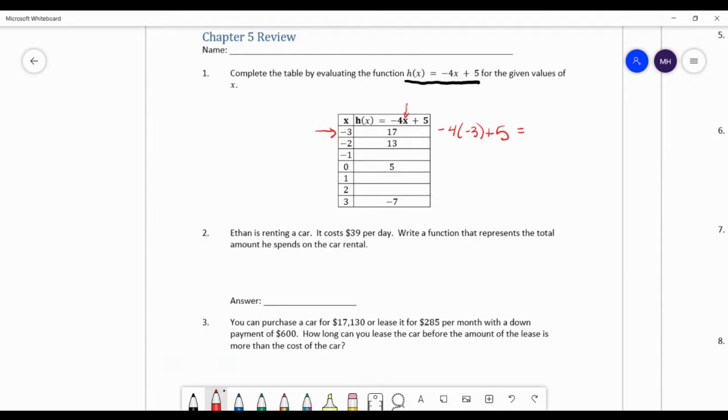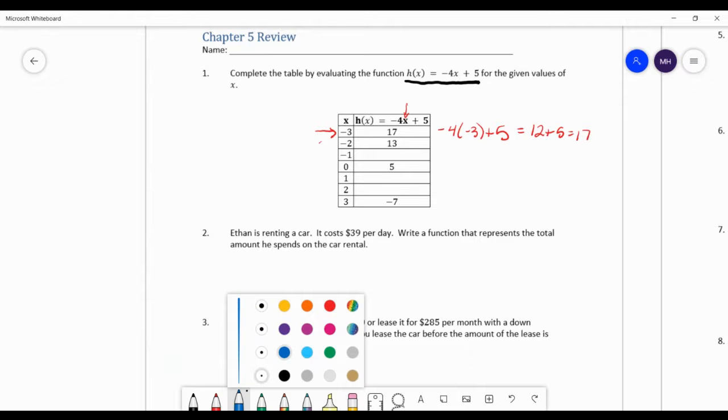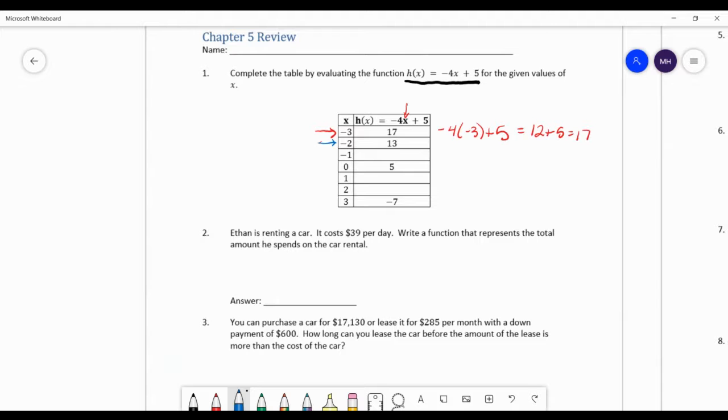So -4 times -3 is 12, and that's how they got 17. Okay, so for the next one, we're going to plug in -2. So we'll say -4 times -2 plus 5. -4 times -2 is 8. And so our answer is 13.